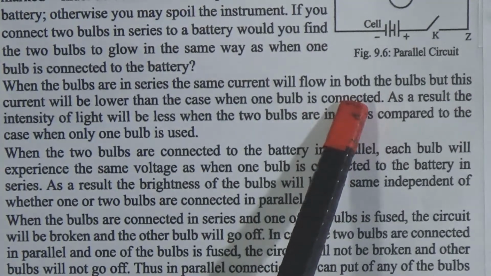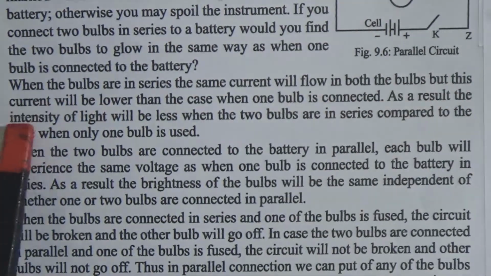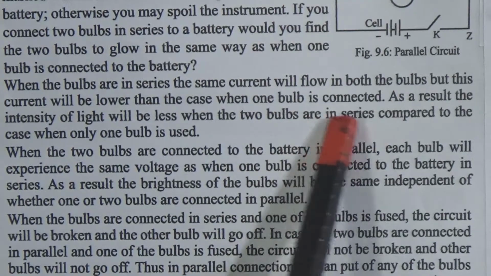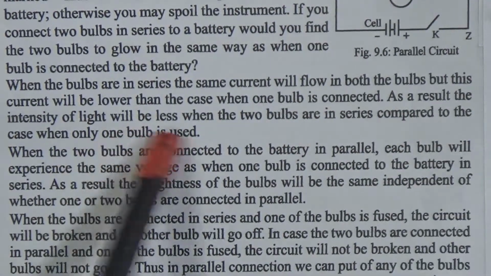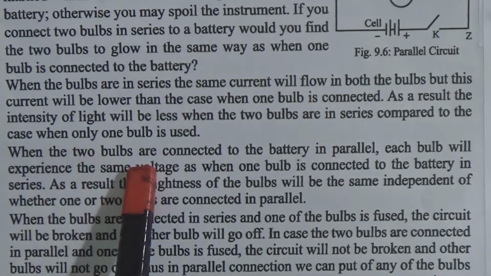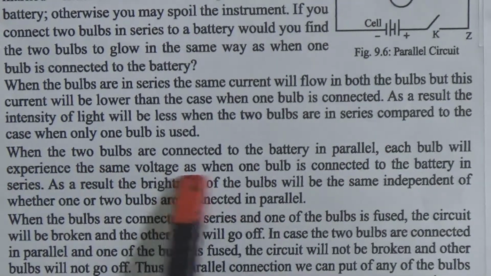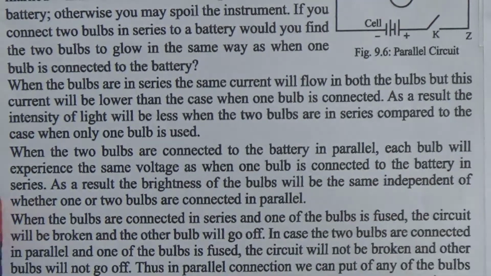If we turn on the two bulbs in series, that time we will get less light. As a result, the intensity of light will be less when the two bulbs are in series compared to the case when only one bulb is used. And when the two bulbs are connected to the battery in parallel, each bulb will experience the same voltage as when the bulb is connected to the battery alone.